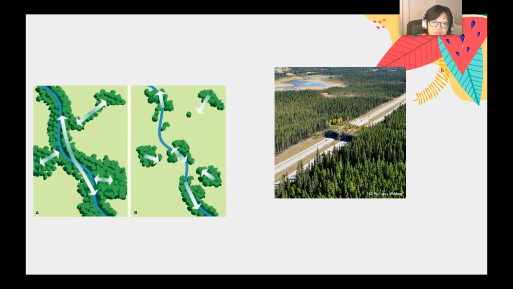We can see highways really splitting two pieces of habitat into separate areas. By having these corridors or bridges, these organisms can cross over and have access to the resources on the other side.